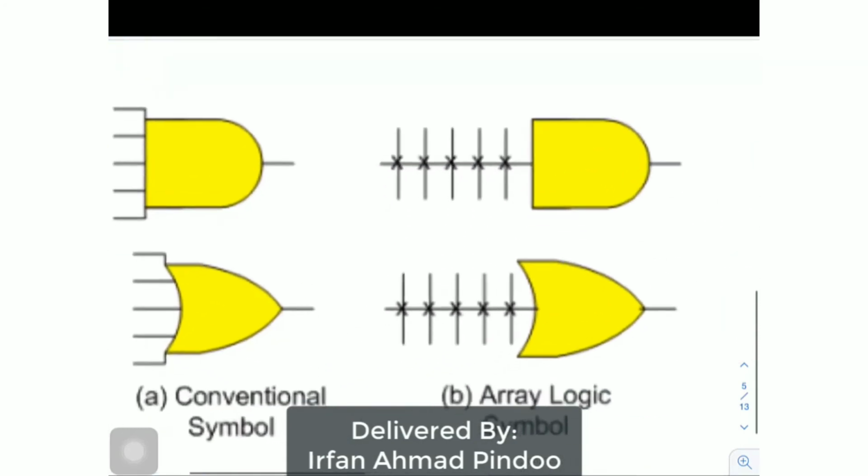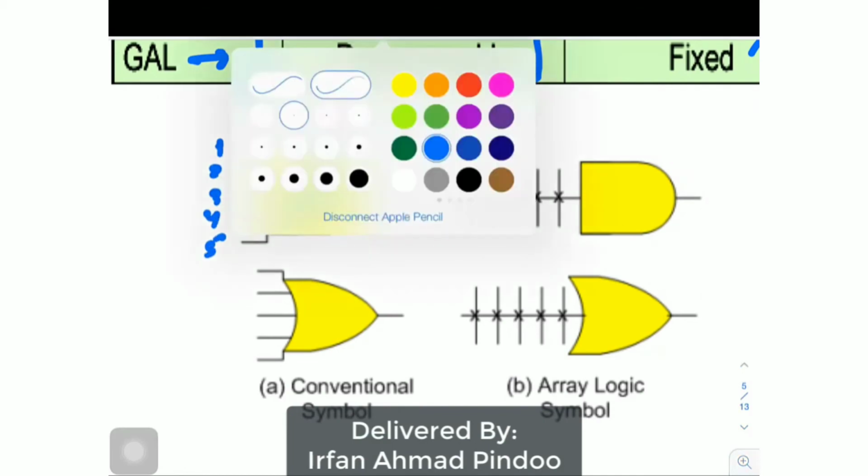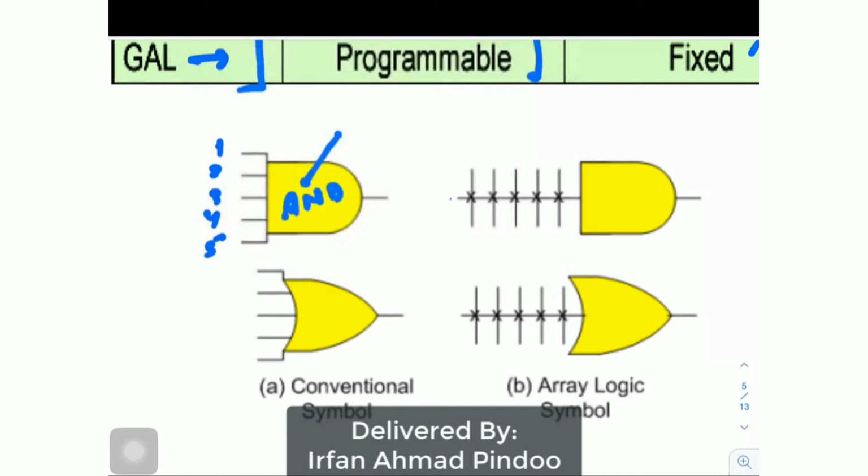Now I want you to focus on this diagram. This is the normal way. Suppose we have an AND gate with multiple inputs, input number 1, 2, 3, 4 and 5. We can also represent the same with a single line, as you can see here, and wherever there is a connection, we will have a cross.